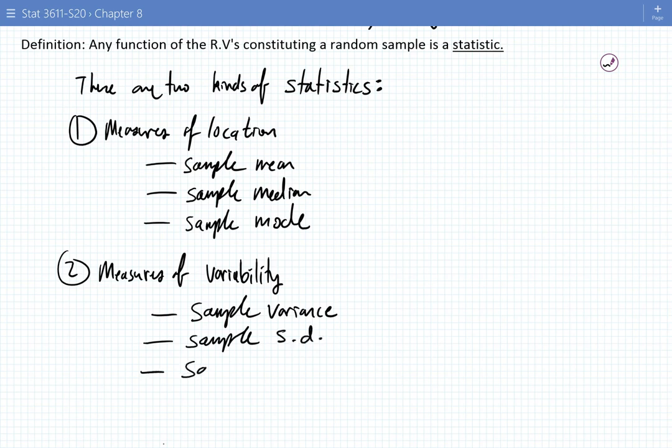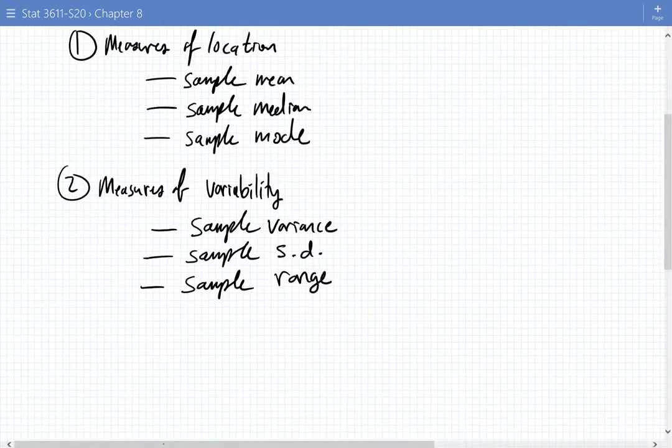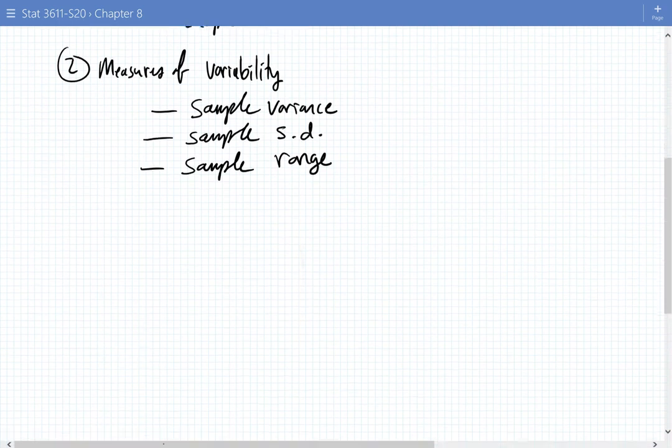Or, here's a new one, the sample range. So we're going to go through and define what some of these things are. You might have some previous experience with some of these statistics, but we're going to go ahead and treat these as a new topic here. And let's start out with some of the measures of location.